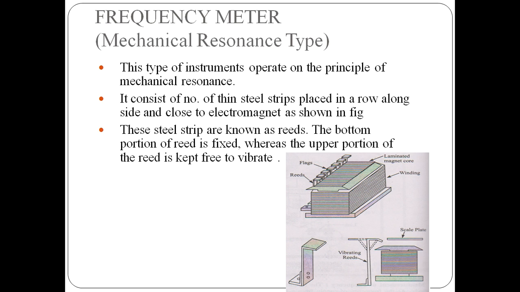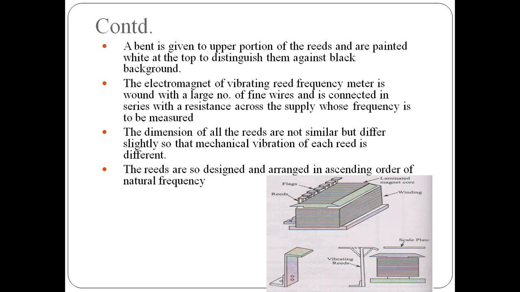These steel strips are known as reeds. The bottom portion of the reed is fixed, whereas the upper portion is kept free to vibrate. In this figure you can see the mechanical resonance type frequency meter.